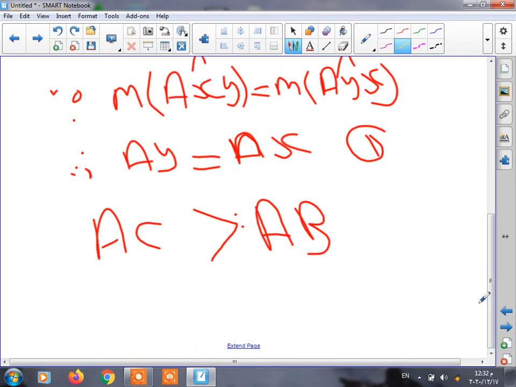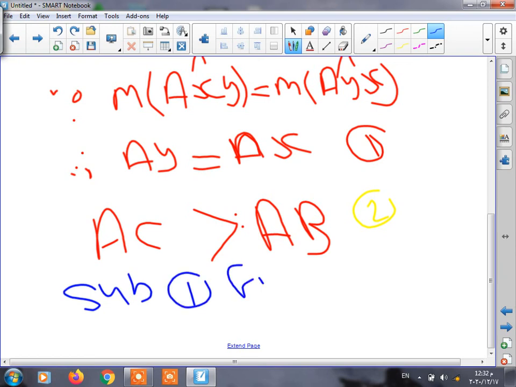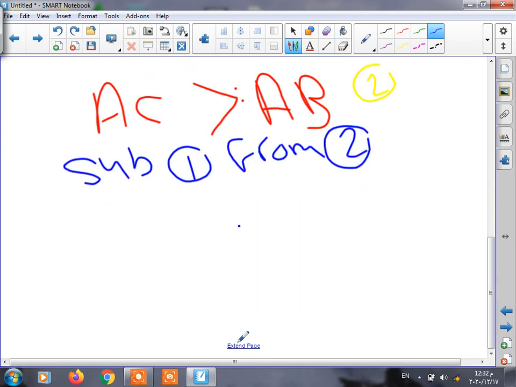How can we write this? We said that AY equals AX, relation number 1, AC more than AB, relation number 2. I'll subtract 1 from 2. When we subtract 1 from 2, we have what?